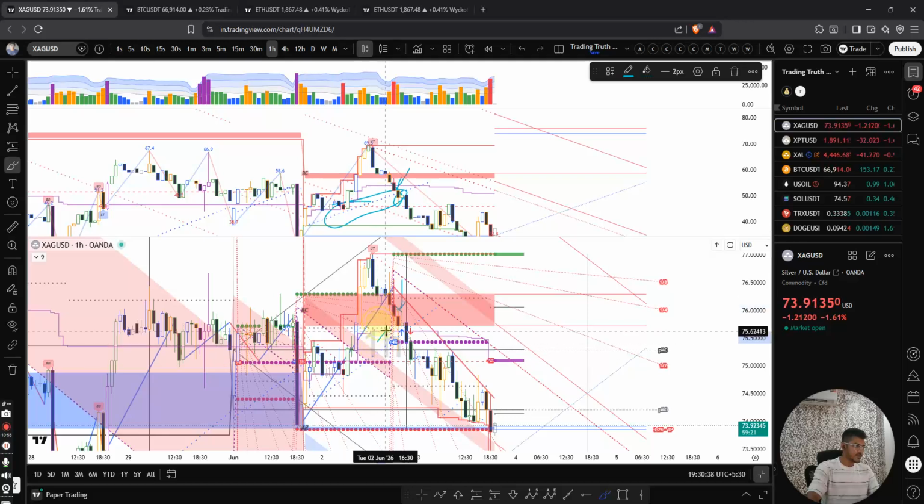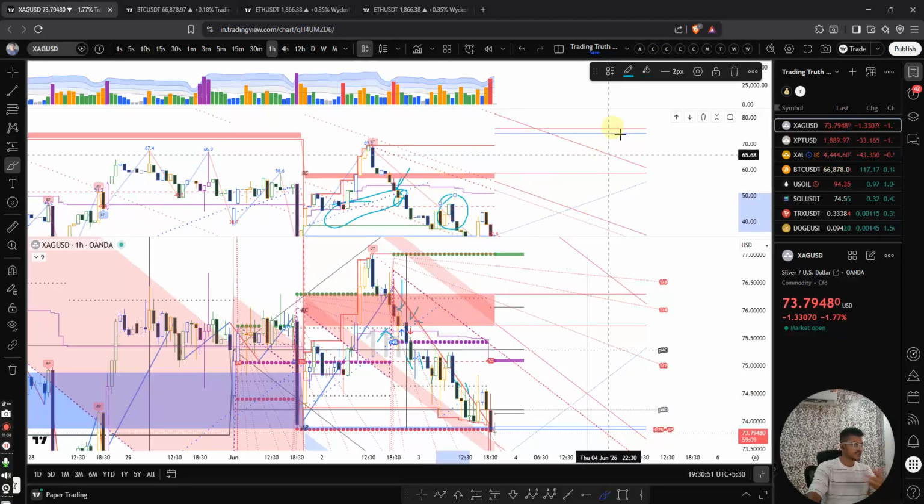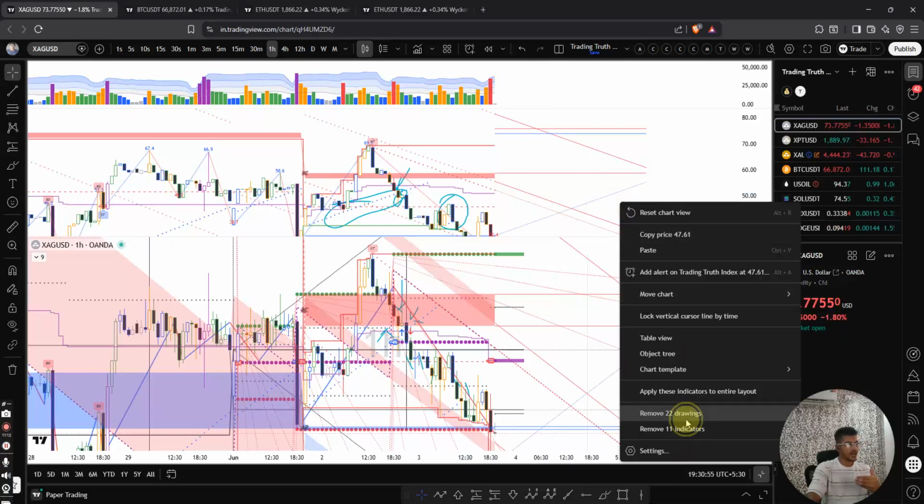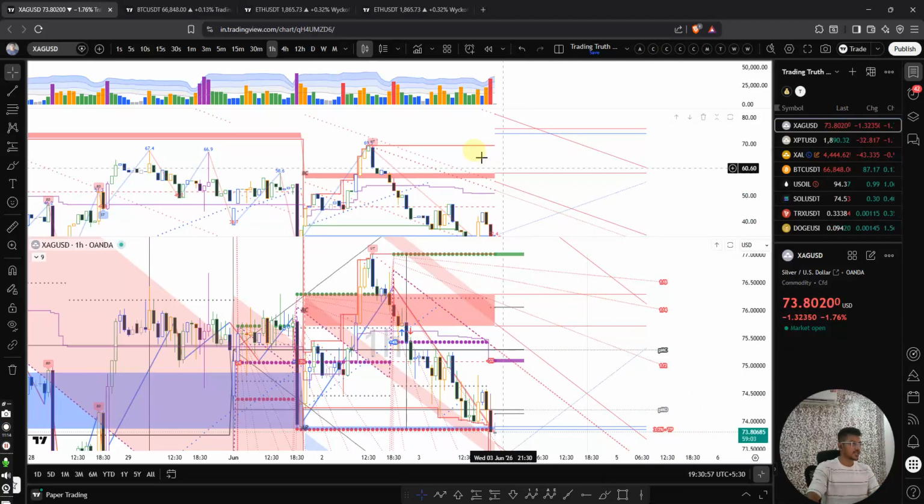If we had entered a short trade there, then the market really breaks on this one, and it just goes down, right? And then another trade is there. So this is how we plan our trades ahead of time.